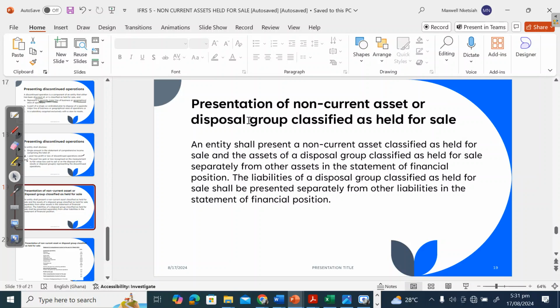So now let's look at presentation of non-current assets or disposal group classified as held for sale.